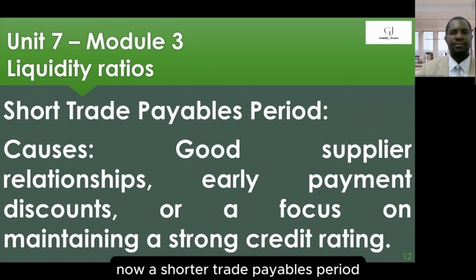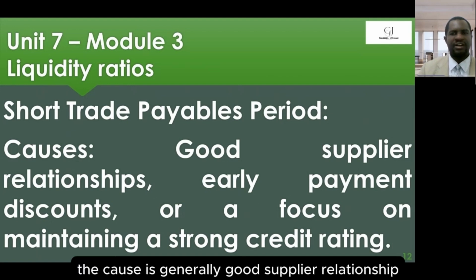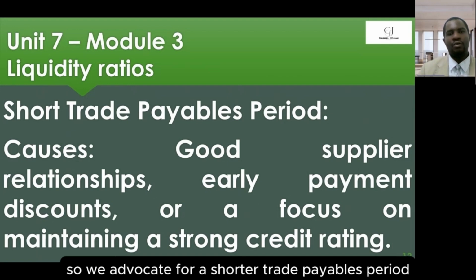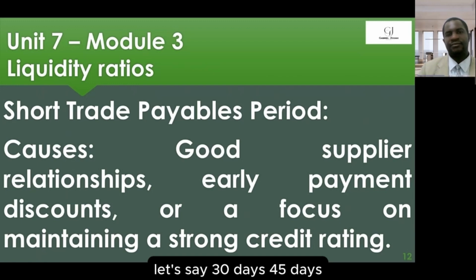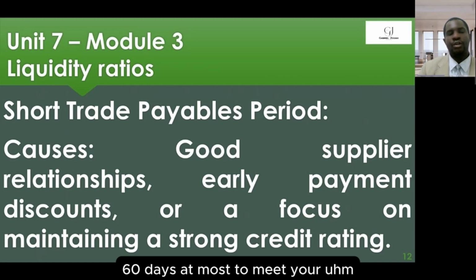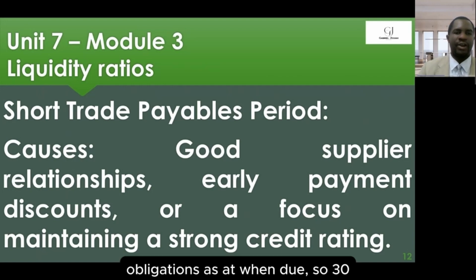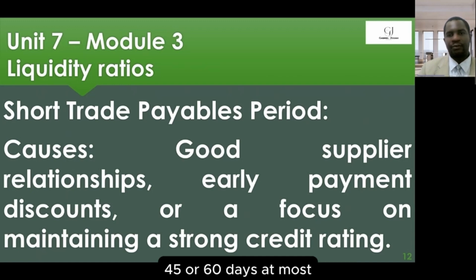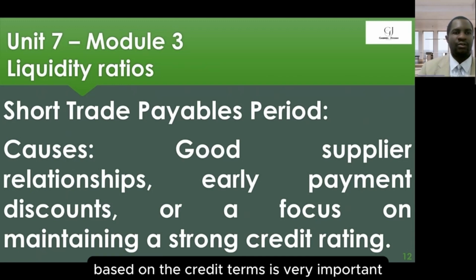Now, for a shorter trade payables period, the cause is generally good supplier relationship. So we advocate for a shorter trade payables period, let's say 30 days, 45 days, 60 days at most, to meet your obligations as at when due, based on the credit terms.